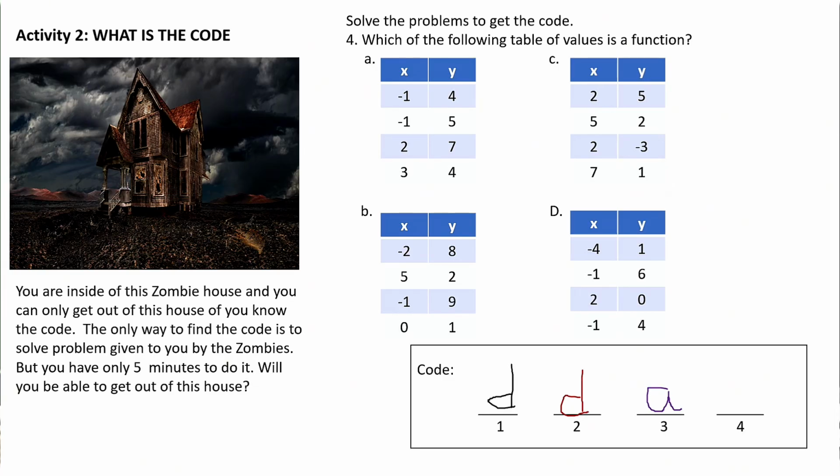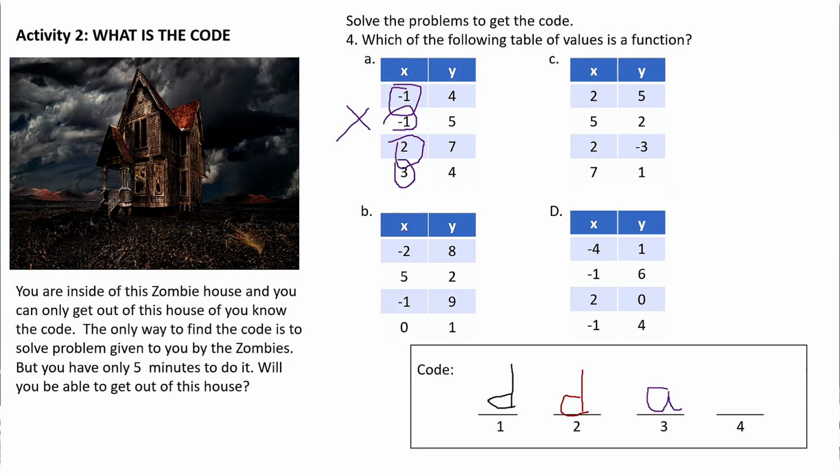So let us start with letter A. The first value of x here is -1. The second is also -1. The third is 2. And the fourth is 3. So as we observe, there is a repetition of -1. There are two -1. So letter A is not a function.